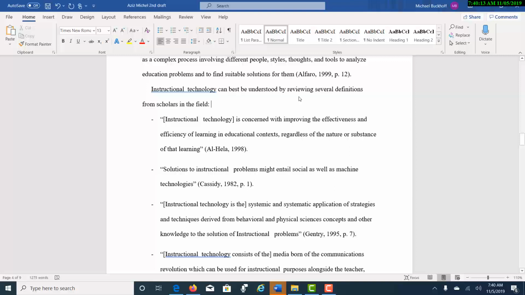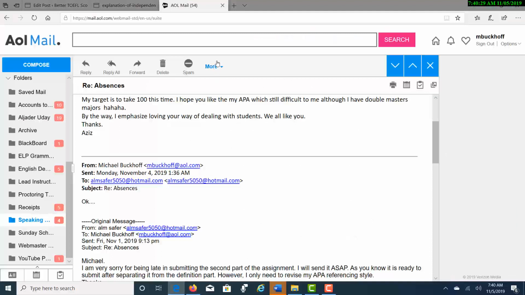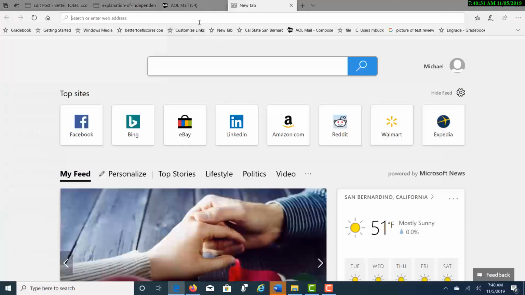I think with APA, if you're indenting this apart from the rest of that paragraph, I don't think you need to worry about using those quotation marks. Let me look at something here. Let me give you a quick second.